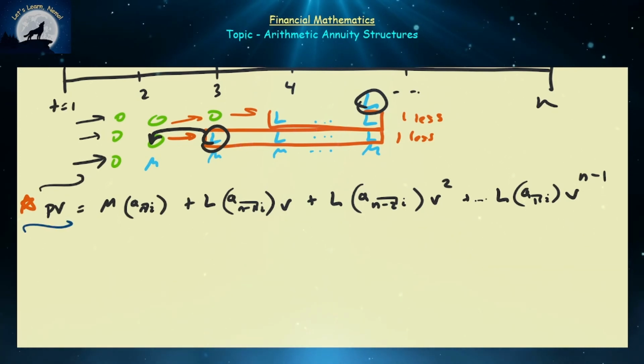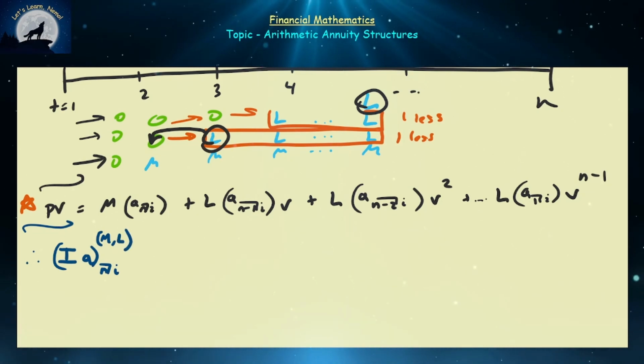So now let's do some simplification for this structure, and also let's introduce our new notation. This is going to be an arithmetically increasing annuity, so that's what this A is going to stand for. An arithmetically increasing annuity immediate with n payments of size i, where the first payment is of size m and increases by L each time.